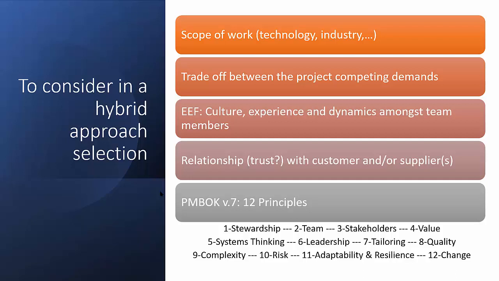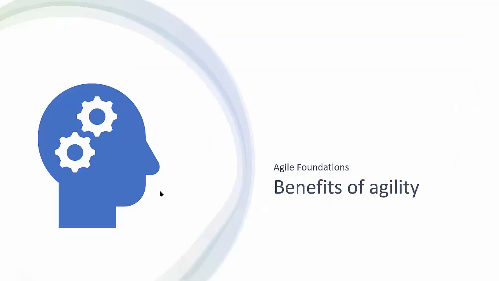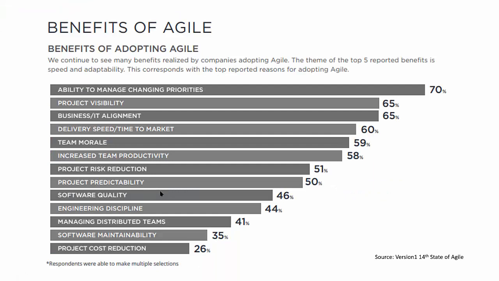So, with this, the last step of the presentation now relates to the benefits that agility might deliver. And here there is a little extract from the 14th State of Agile, where you can actually see how adopting Agile has been received. So, for example, the ability to manage changing priorities is considered very important.